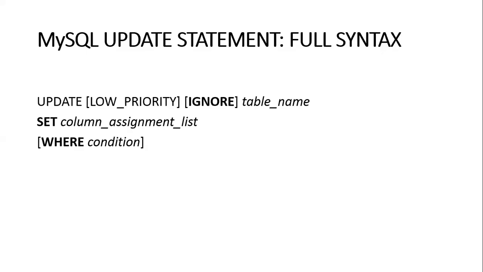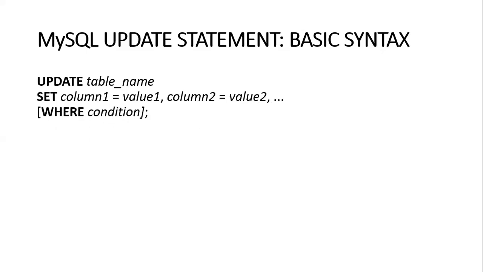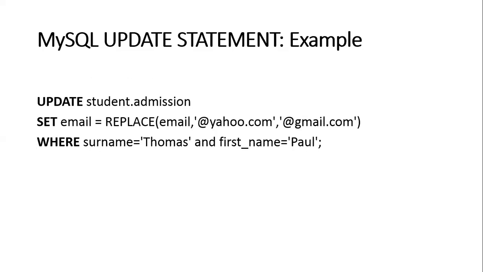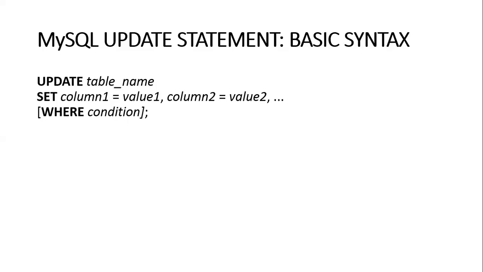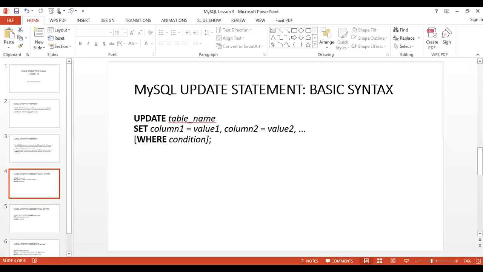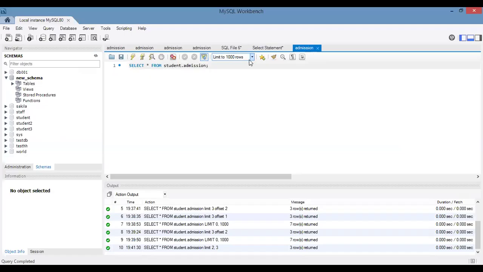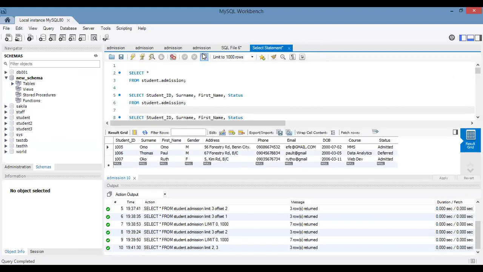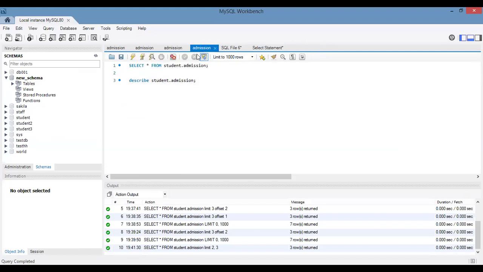Let's move on. Now, basically, let's see how this basic syntax works first of all. So now let's go to Workbench. Now I want to create another query, another script window here.